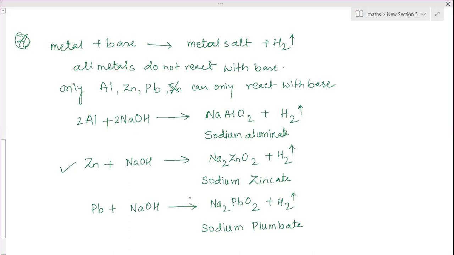And lead combines with sodium hydroxide to form sodium plumbate. These are important. The second one is very, very important.